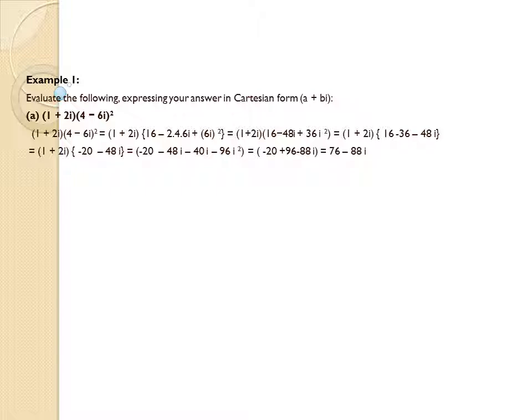So minus 20 plus 96 minus 88i equal to 76 minus 88i. So 76 minus 88i, you can see that is in the Cartesian form a plus ib. a equal to 76 and i is common, and b equal to minus 88.